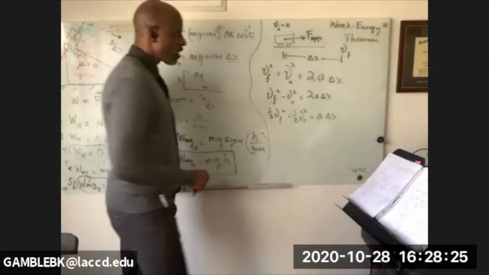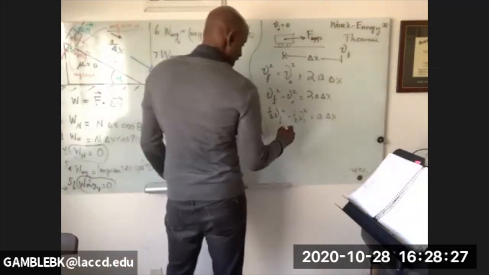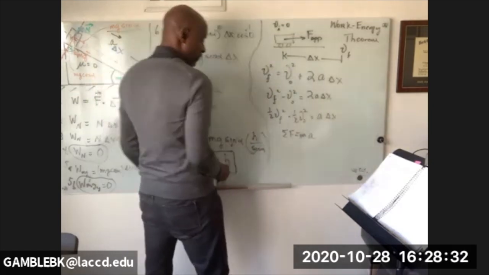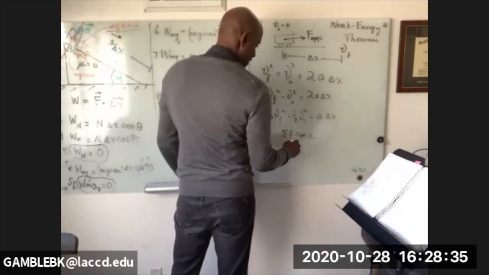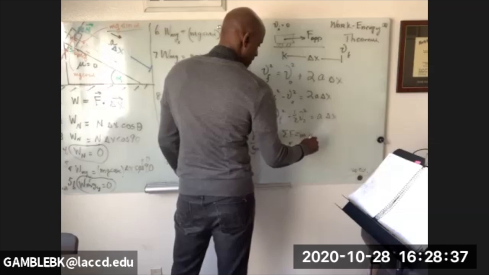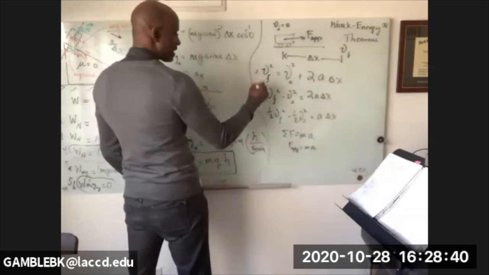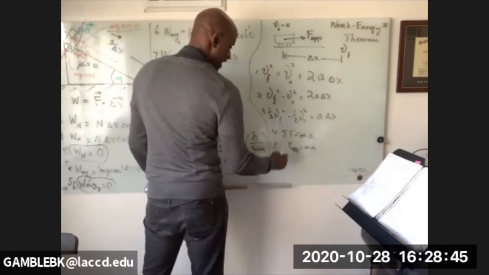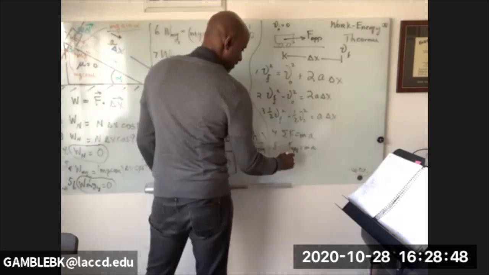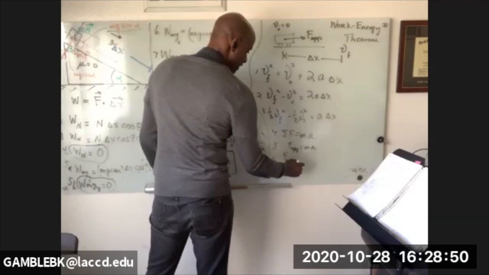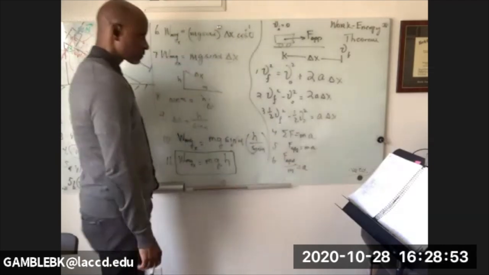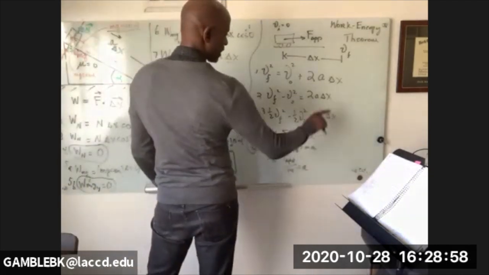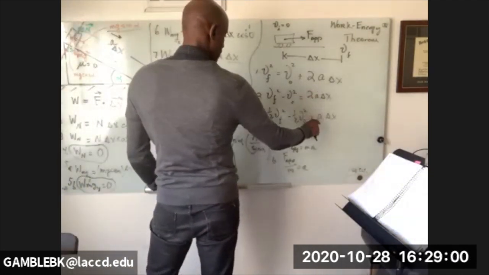Now I'm going to use Newton's law. The net force on the object equals mass times acceleration. That net force is the force applied. So force applied equals mass times acceleration. Let me divide by the mass. If I divide by the mass, I have that the force applied divided by the mass equals the acceleration. Let me take equation 6 and plug it into equation 3.